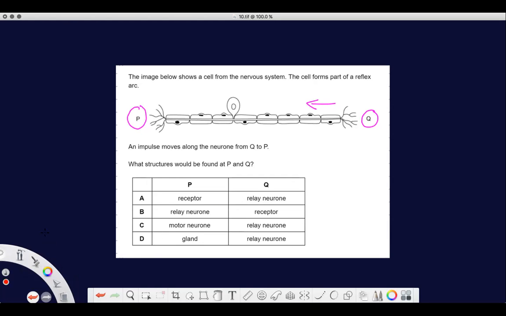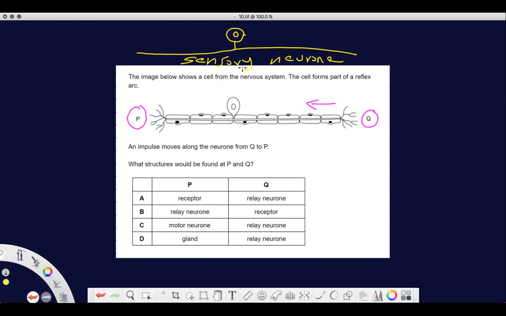Number one, if we identify this neuron, it's easy. How do we identify it? The cell body is always in the middle, like this. So the cell body is located in the middle in the sensory neuron.